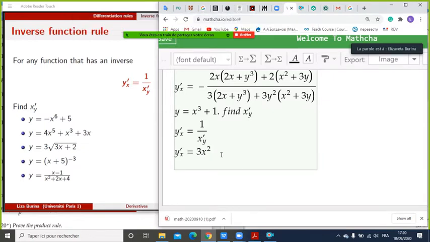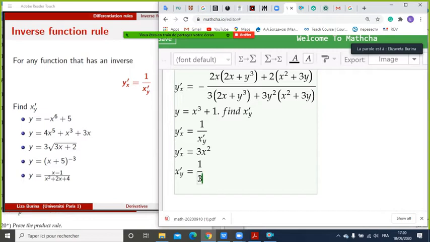Cool. So x prime y. The derivative of an inverse of this function, that's what I mean by x prime y, will be equal to 1 over 3.